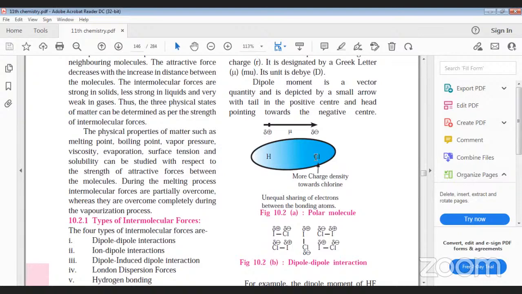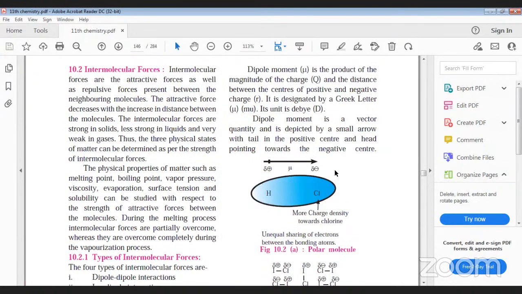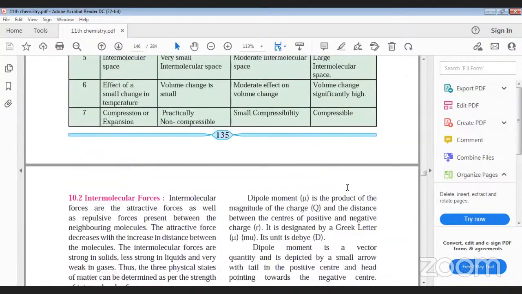Answer me, so I'll come to know whether you have understood or not. Will you place Cl first or hydrogen first?